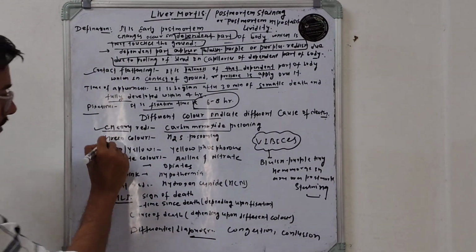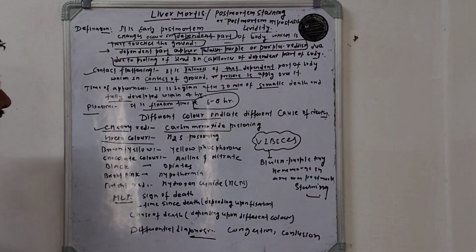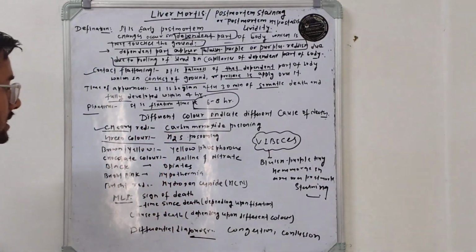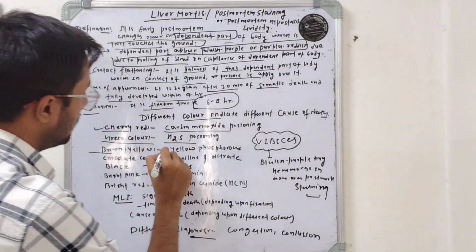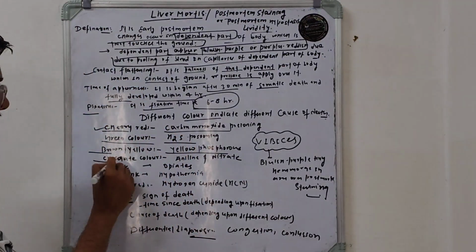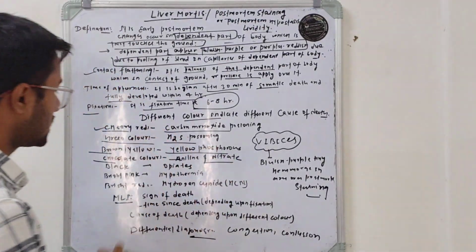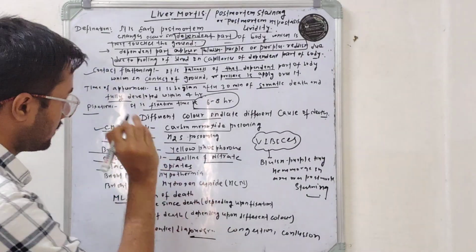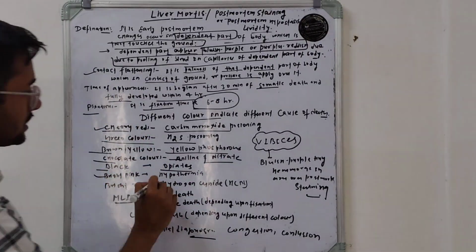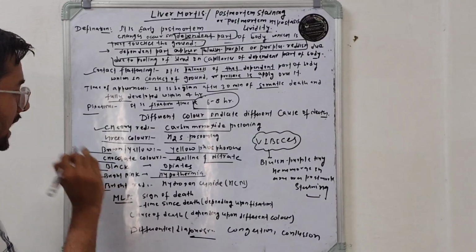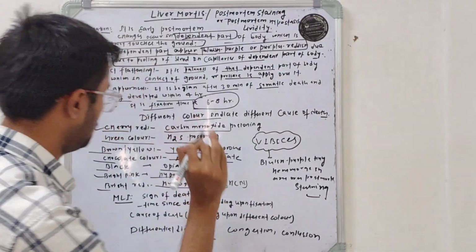If the staining is green, hydrogen sulfide poisoning. Brown color, yellow phosphorus. Chocolate color, aniline and nitrates. Black color, opioid poisoning. Bright pink, hypothermia, and bright red means hydrogen cyanide poisoning.